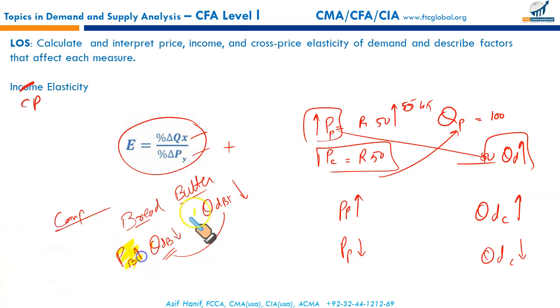You see an inverse relationship between the price of bread and the quantity demanded of butter. So remember, the cross price elasticity for complementary goods would be negative. That's an important point to be remembered. So this is what we have learned so far regarding price elasticity, income elasticity, and cross price elasticity, and we have also discussed some factors that affect them.